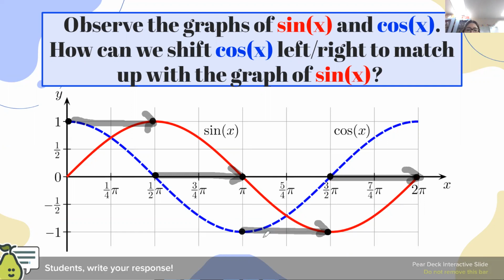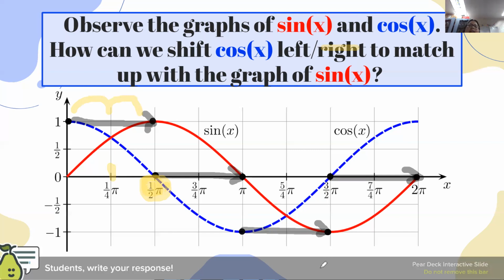Now, it isn't necessarily 2 units. I need to be a little bit more precise. Although it's moving over 1, 2 spaces, I need to look at my units of measure. Each individual space represents pi over 4, so 2 pi over 4 is pi over 2. So really, I can represent the cosine graph as being shifted to the right by pi over 2 units and ending up as sine.